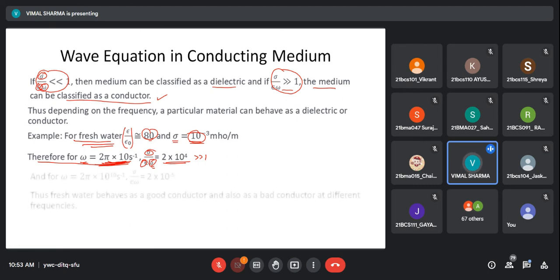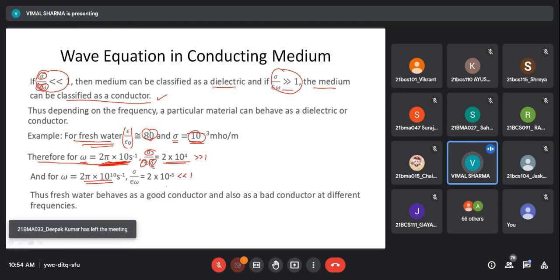Same water, but if the frequency is changed, if I use this frequency of electromagnetic wave, which is 2 pi into 10 raised to the power 10, it is a bigger frequency then. So this will make this ratio less. This is very, very less. It is 10 raised to the power minus 5. So it is very, very less than 1.